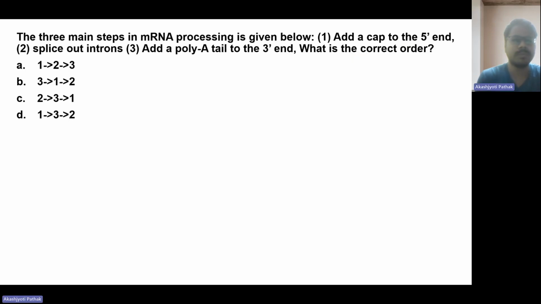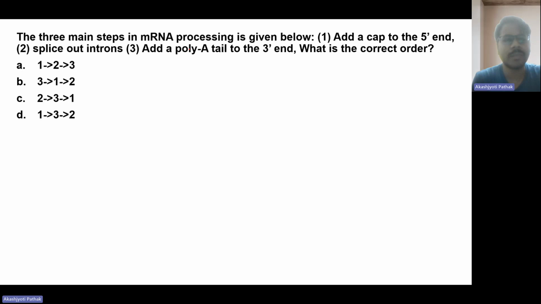Now coming to the mRNA processing. I was discussing in the beginning of today's lecture that the mRNA which is synthesized in the eukaryotes requires processing. Why? Because the mRNA has to be transported from the nucleus to the cytosol, and since this RNA is a single-stranded structure, it may get degraded by the various ribonucleases, exonucleases, endonucleases which are present in the cytosol.